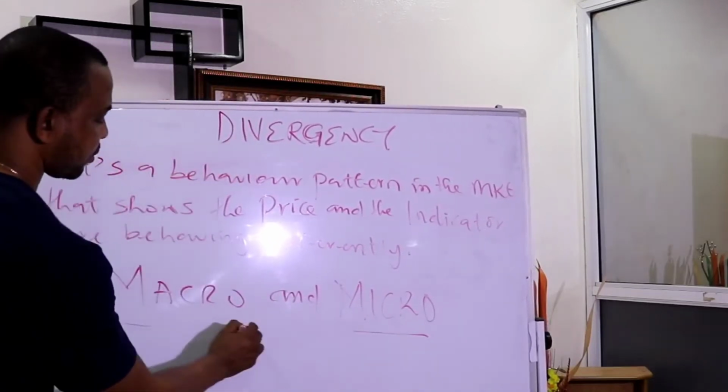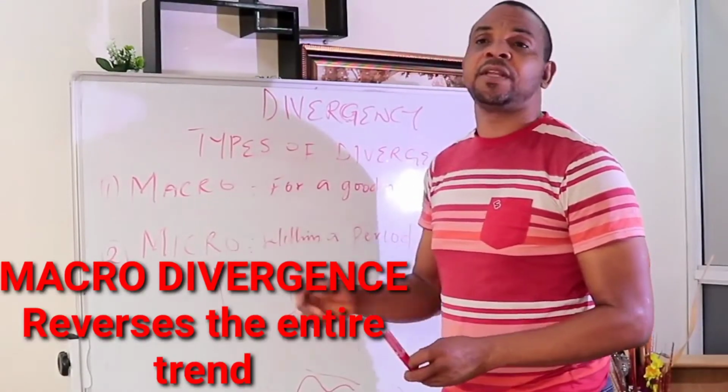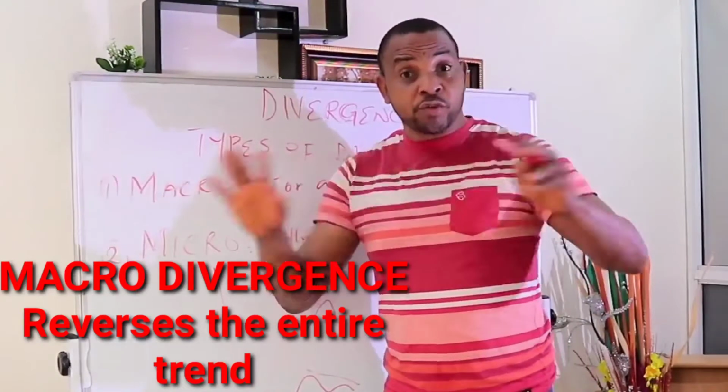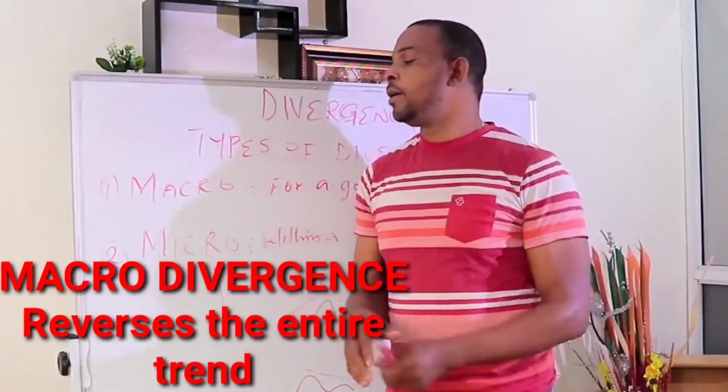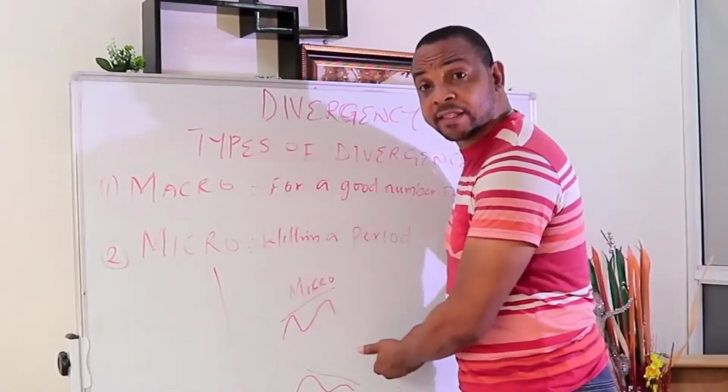Micro and macro. Macro divergence reverses the trend, the entire trend, while micro divergence continues the trend.